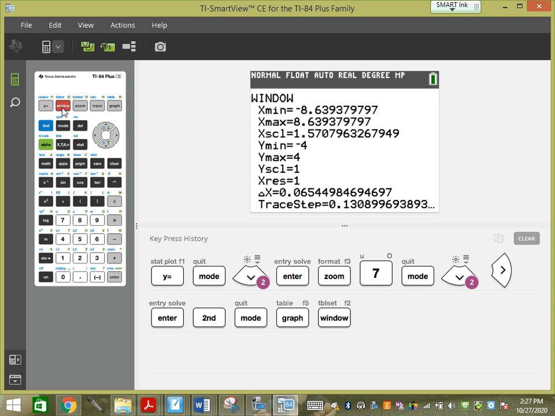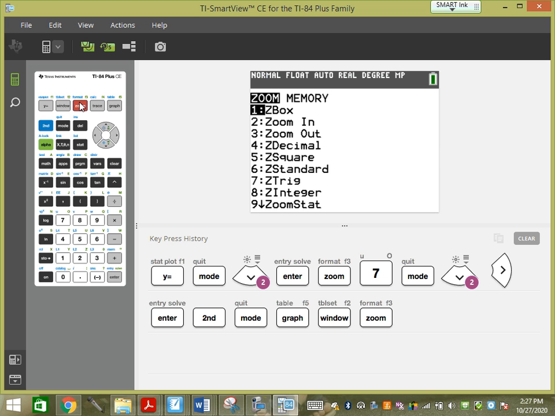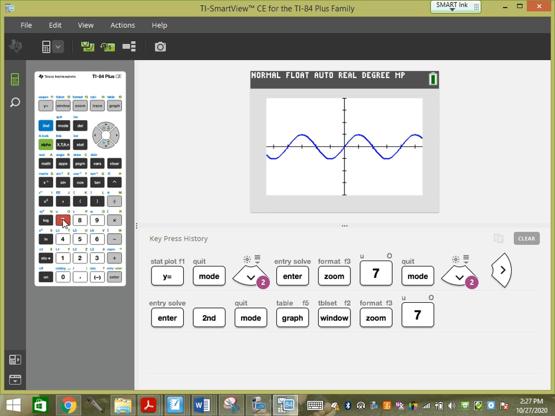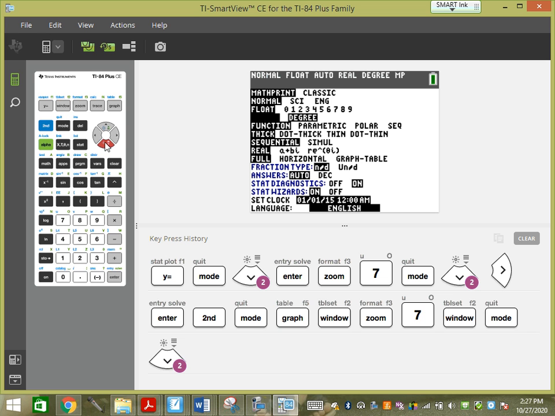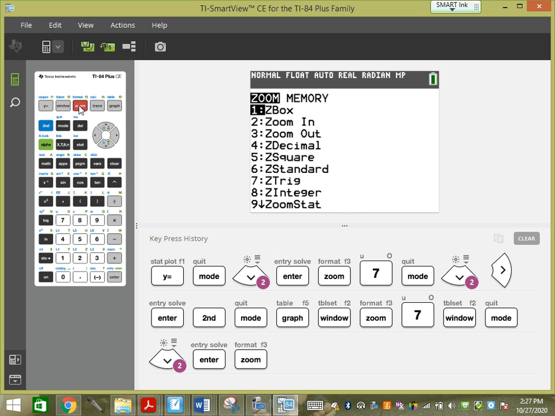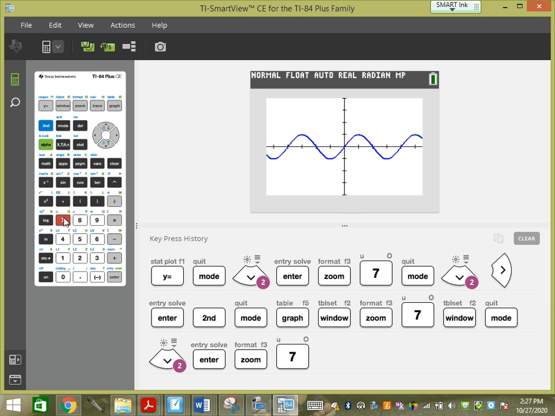Is that what I actually want? No. But after I press degree, I could go zoom, trig, and now it shows up because my window's in a degree window. So when you press zoom trig, make sure you're in the mode you want to be in, which I want to be in radians. That's like, if I'm stuck, I can at least press zoom trig and have a fighting chance to get to what it would look like.